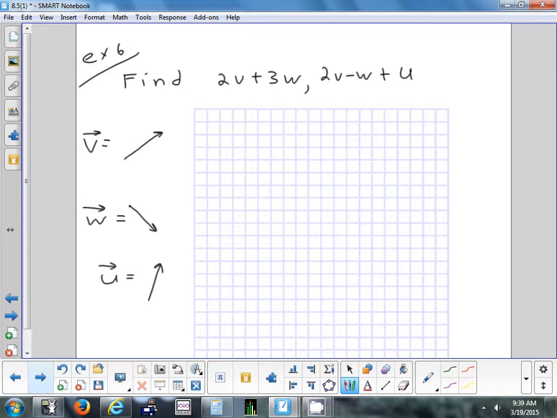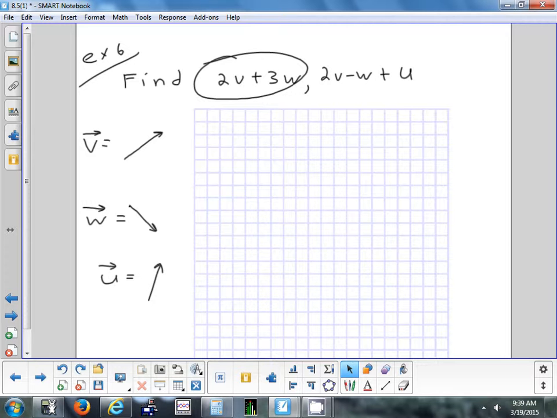All right, so sometimes what they might have you do is scale a vector and then add them. Let's just do this one. 2v plus 3w. How would I do that? Anybody explain to me? Let me start with v.